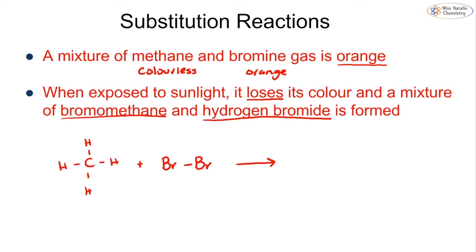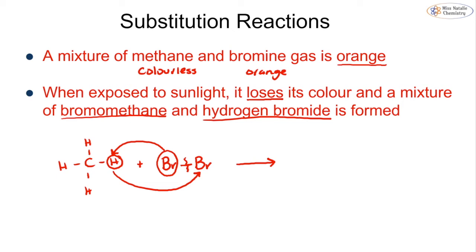And what actually happens is this bond here between the halogens breaks, and one of the bromines takes the place of one of the hydrogens. And when that hydrogen is removed, it then comes and reacts with this bromine, forming hydrogen bromide.